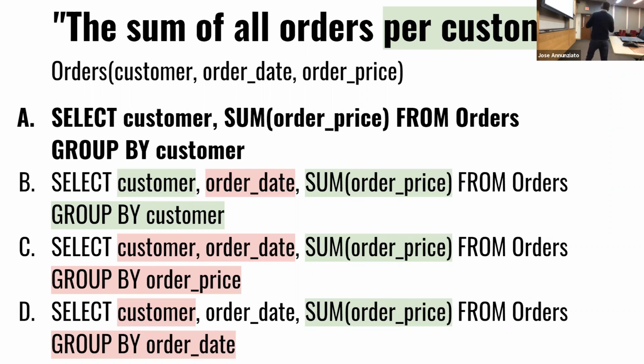Okay, and it's kind of asking you, do you remember that in the select clause you can only have either aggregates, right, or whatever you grouped by, right? And we group by the customer, so the customer is fine. We can leave that in, right? But certainly not order date, because we did not group by order date, and we're not aggregating the order date, right? So the order date cannot be in there, and that's why that one is wrong, right? So we keep the 1.